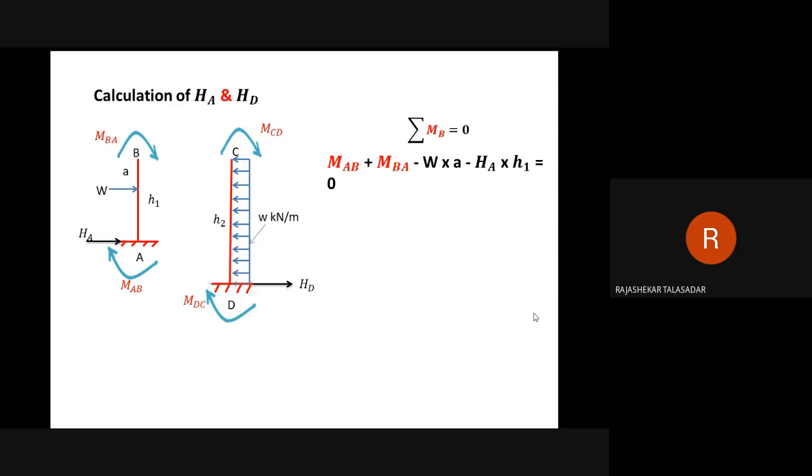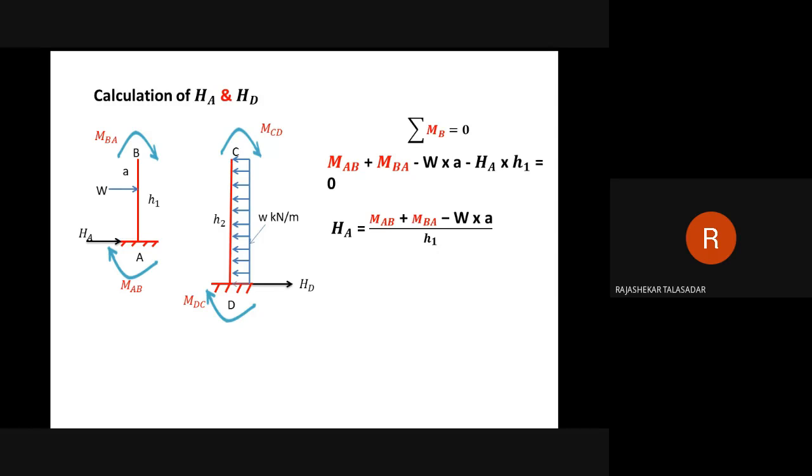Is the step clear? Clockwise moments minus anti-clockwise moments. MAB and MBA are assumed clockwise, both are plus. The moments due to W and HA are anti-clockwise, both are taken minus and equated to 0. Therefore, HA equals MAB plus MBA minus W into A, divided by H1. Is it clear?